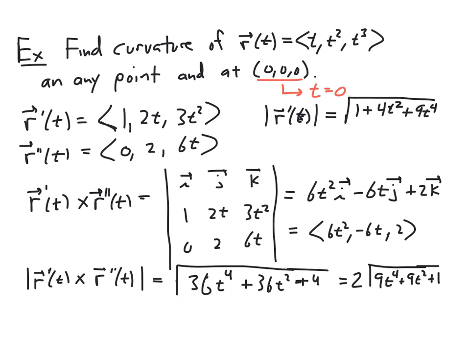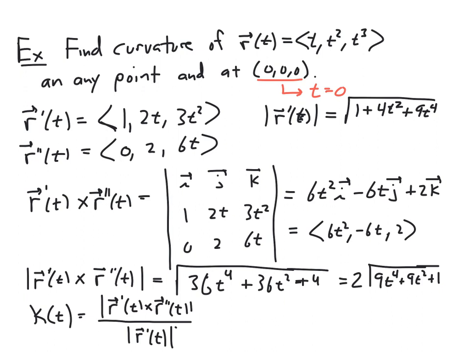And so kappa of t, right? Our formula is that it's going to be the magnitude of r prime of t cross r double prime of t, all over the magnitude of r prime of t cubed. Right? And so we just computed the magnitude of the cross product here.